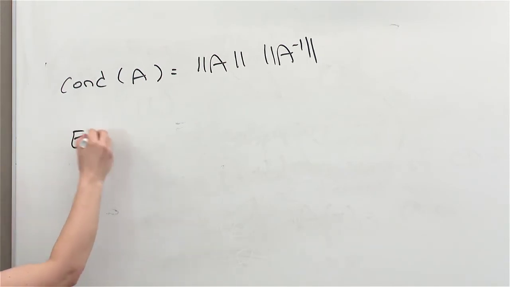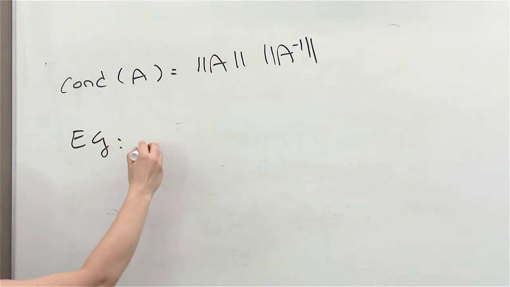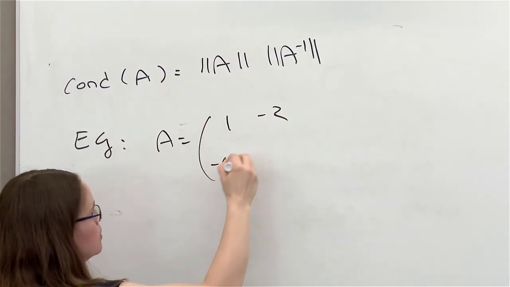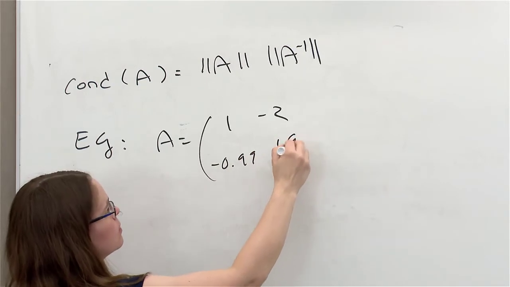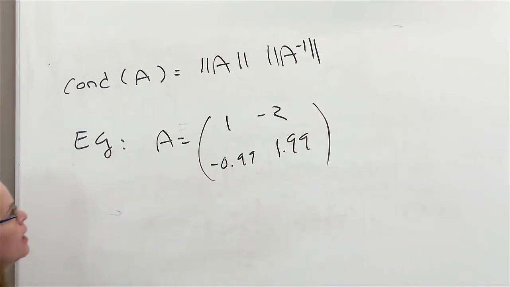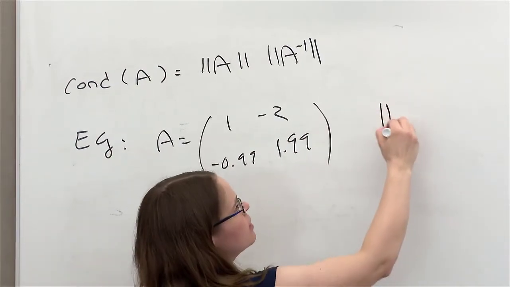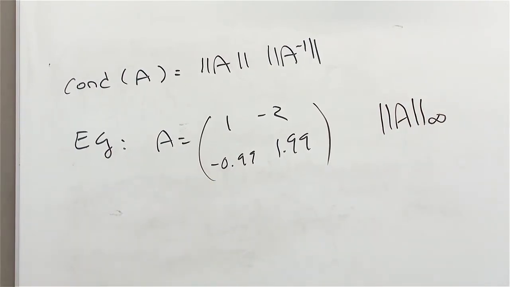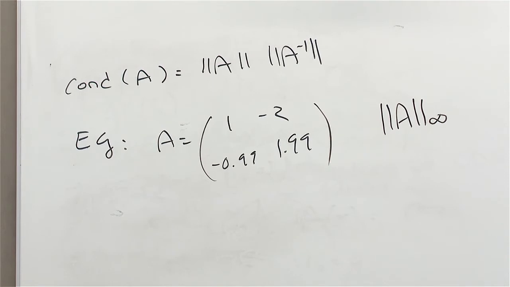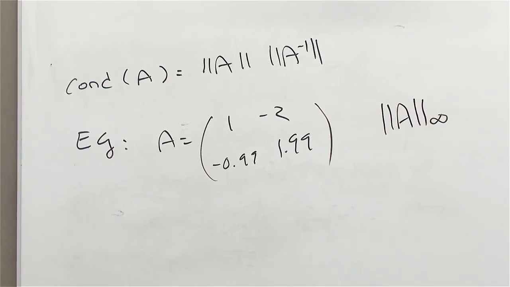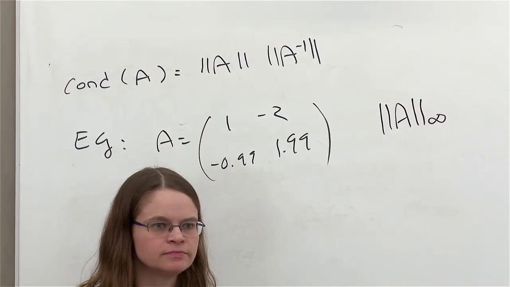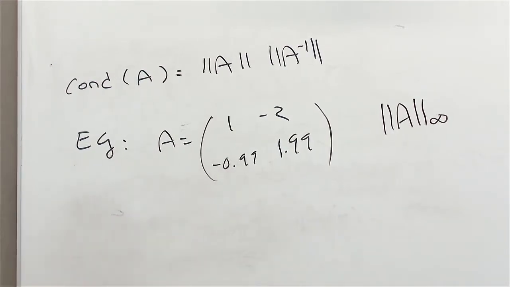Okay, and if I come back to my little 2x2 matrix, I can compute the infinity norm of this. Do you know what the infinity norm of a matrix is? We're going to take the absolute value of the sum of the rows. Yeah, it's the row sum, exactly.